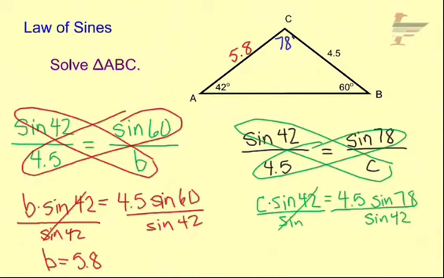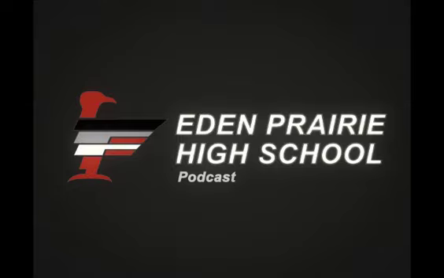And then we pick up the calculator to see what side C equals. And we get 6.6. So side C is 6.6. And now we know all three angles and all three sides of the triangle, so we have solved for triangle ABC using the law of sines.